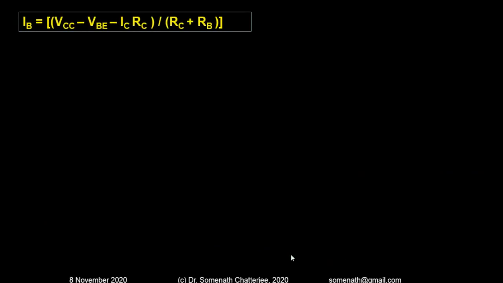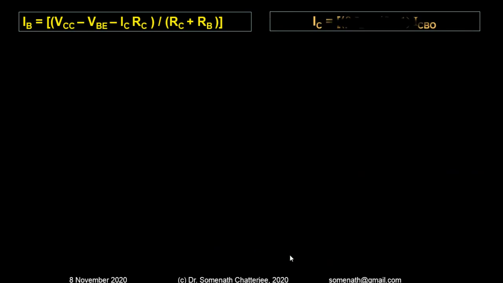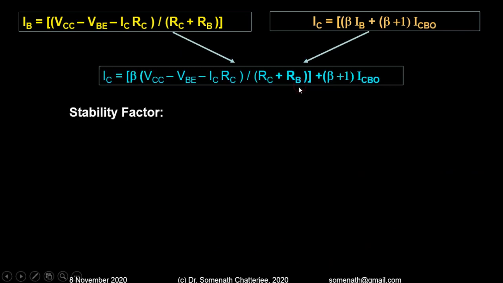We have these equations, and another equation we know, IC is equal to beta IB plus (beta plus 1) ICBO. Using these two equations we will get IC equal to beta (VCC minus VBE) and so on. Just using these two equations we will get it, and you can do it yourself also.